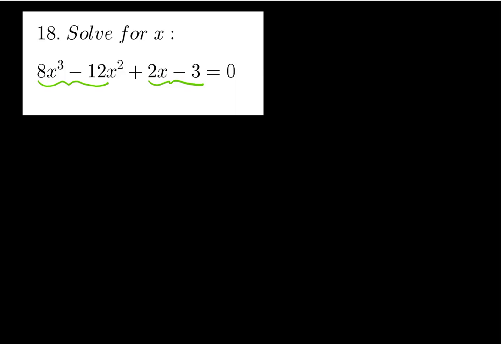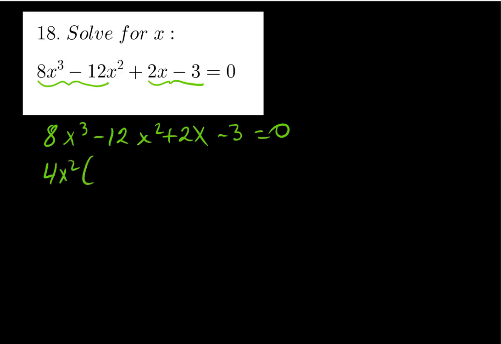So you can rewrite this. You can say 8x cubed minus 12x squared plus 2x minus 3 is equal to 0. So let's factor. If we say 4x squared here, we can get 2x minus 3 here, and then plus, we can put 1 to make it clear, times 2x minus 3 is equal to 0.